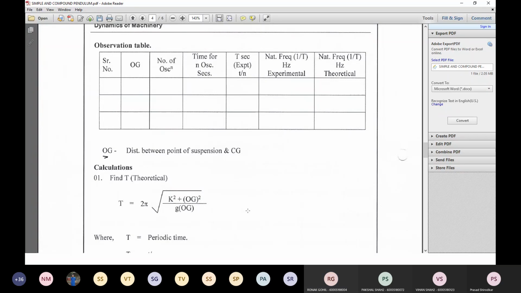Yes, but you have to convert it into appropriate units. In centimeters? No, everything has to be in MKS. Okay, meter. Okay, sir.